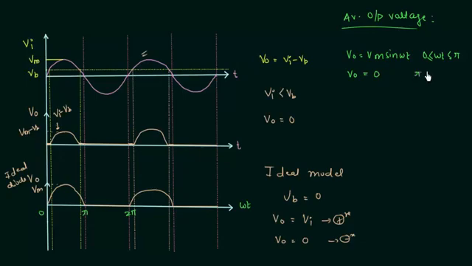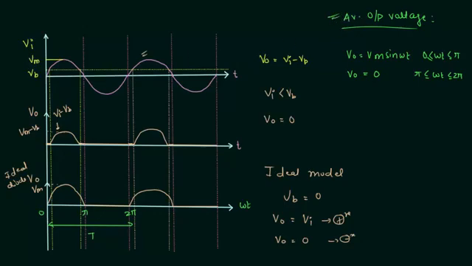I will obtain the average output voltage by integrating the waveform from 0 to 2 pi, that is the one time period. The result is the average output voltage.